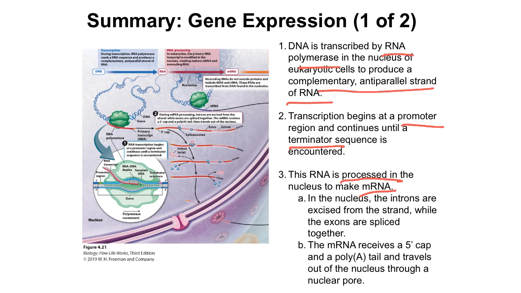Here, the introns are excised from the strand, while the exons are spliced together to form the processed mRNA. And this processed mRNA receives a 5' cap and a long poly A tail, which then travels out of the nucleus through a nuclear pore.